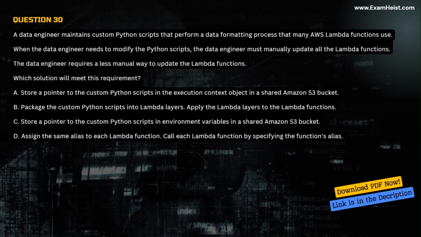A. Store a pointer to the custom Python scripts in the execution context object in a shared Amazon S3 bucket. B. Package the custom Python scripts into Lambda layers. Apply the Lambda layers to the Lambda functions. C. Store a pointer to the custom Python scripts in environment variables in a shared Amazon S3 bucket. D. Assign the same alias to each Lambda function. Call each Lambda function by specifying the function's alias.